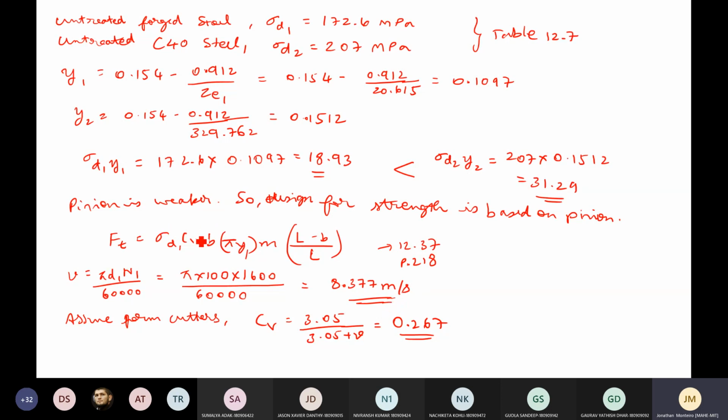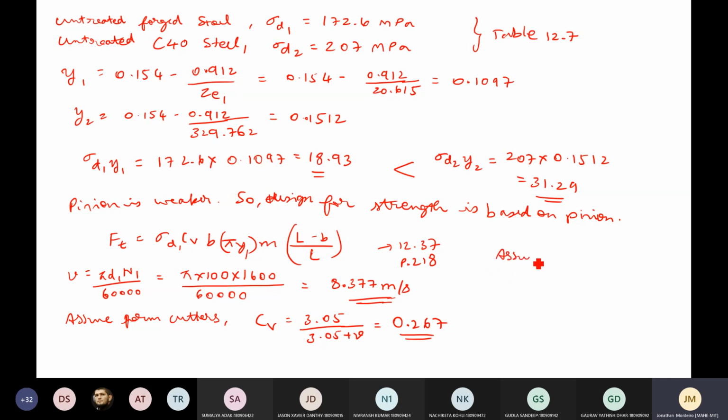Now you know what is sigma d1, you know what is CV. Now let us find some value in terms of m for b, and what about L minus b by L? We will take the same value as what we have taken.